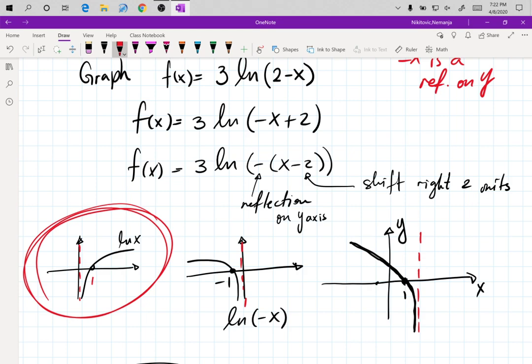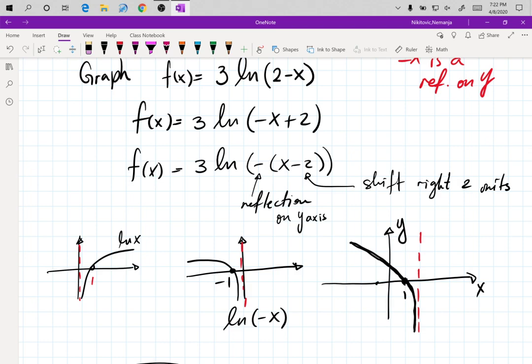The one that is a default ln graph or log graph, which you are memorizing just like you memorized x squared, x cubed, absolute value of x, square root of x, right? You memorized all of those graphs, and you are memorizing as well the ln x basic graph. So the basic ln x graph has a vertical asymptote at the y-axis, and it has the x-intercept at 1.